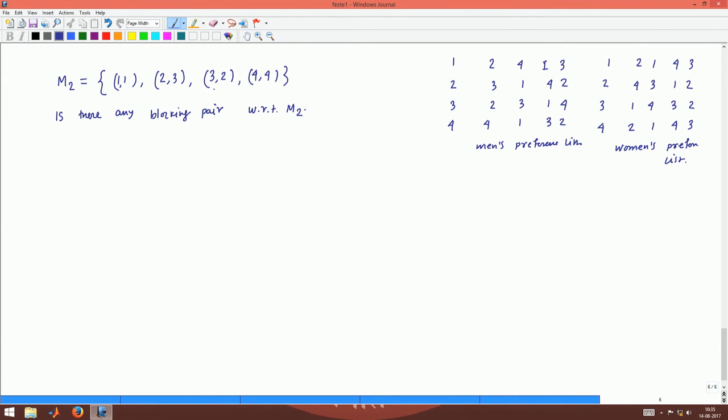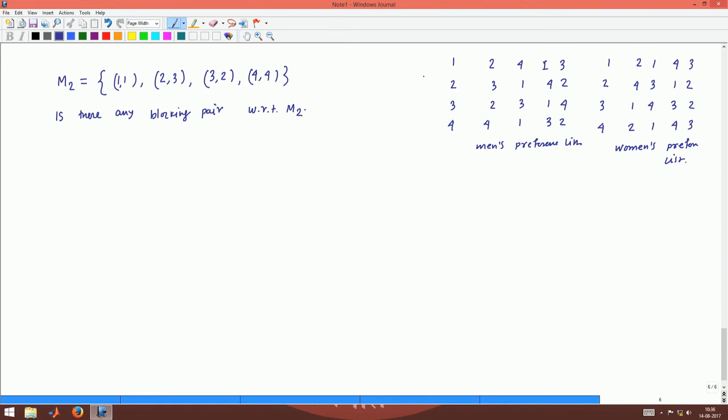So, man 2 is happy, and he will not be involved in a blocking pair with respect to this matching. This is intuitively okay. Man 3 is matched with 2, which is his first preference, so man 3 also will not be involved in a blocking pair. Man 4 is matched with 4, which is his first preference, so man 4 will not be involved in a blocking pair either.